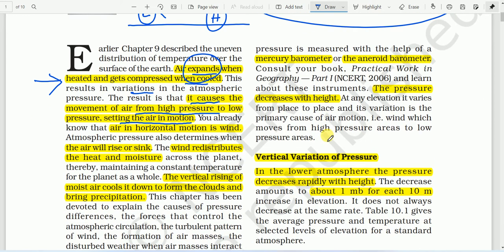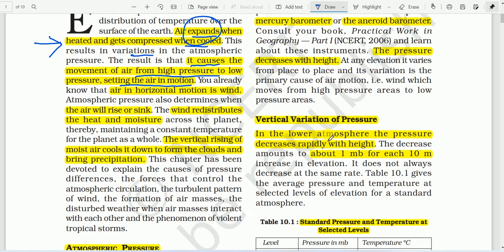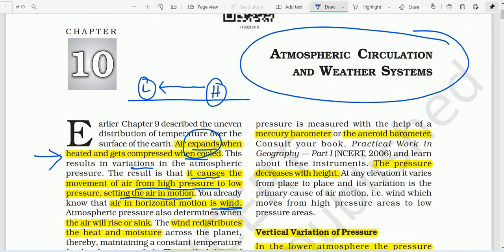You have already learned in the lower classes that air in horizontal motion is known as wind. See this movement or this movement; all these are known as wind.